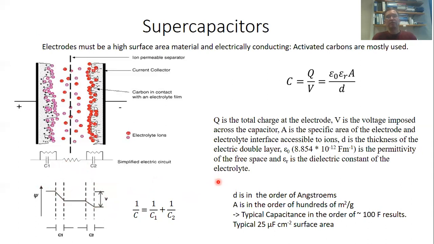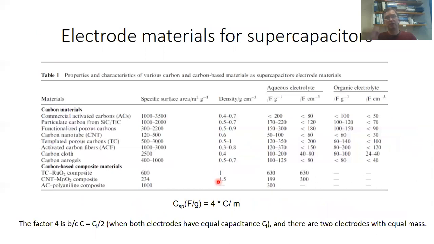All right, so these are the principles of supercapacitors. We can use different kinds of carbon materials in order to fabricate supercapacitors, but we can also use different electrolytes.